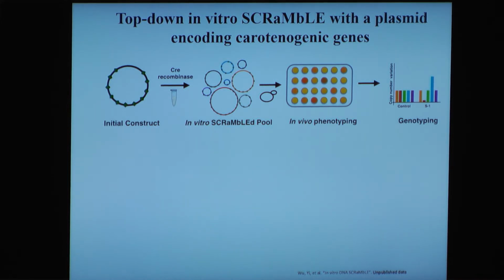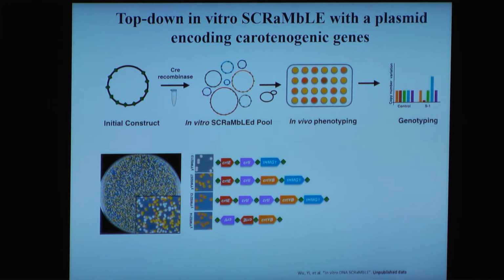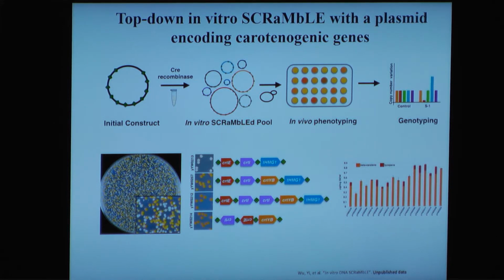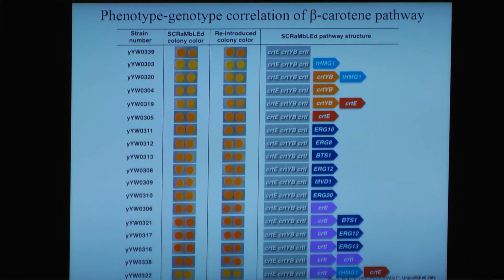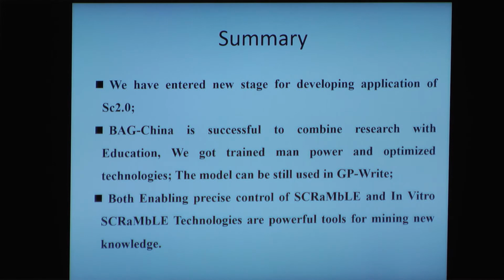By construction in vitro, inducing Cre to create combinations, we can have different pools, and by in vivo phenotype sequencing, we can get different combinations of these modules and different productivity. The next slide shows the correlation of phenotype with genotype by this in vitro scramble synthesis. So it's very powerful. Generally, we have entered the stage of developing applications for Sc2.0.